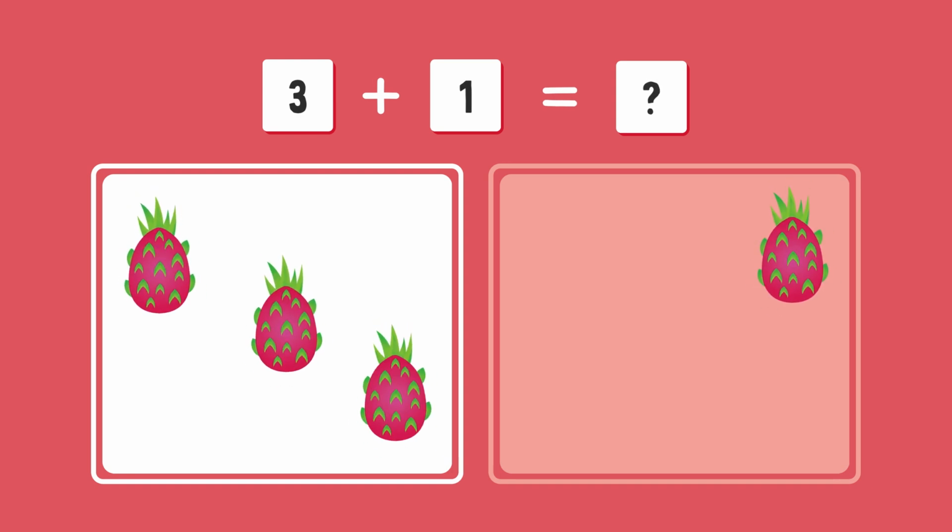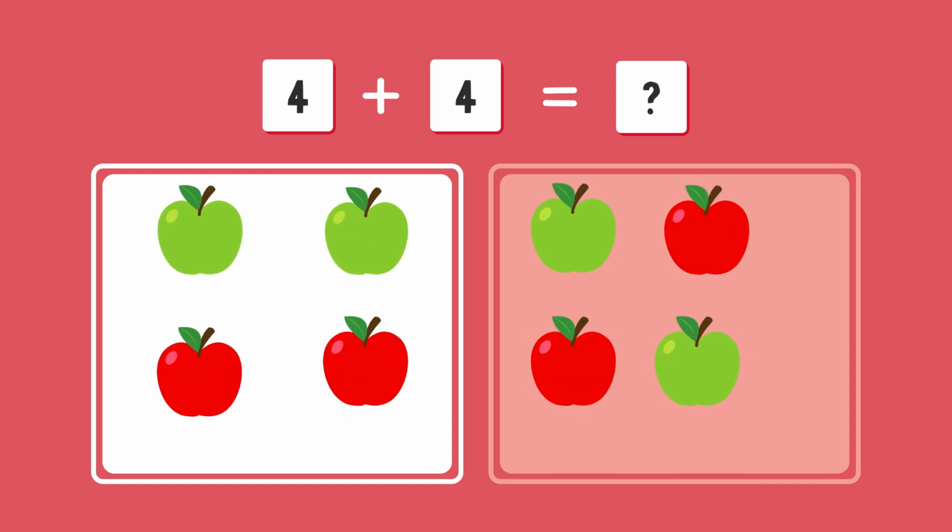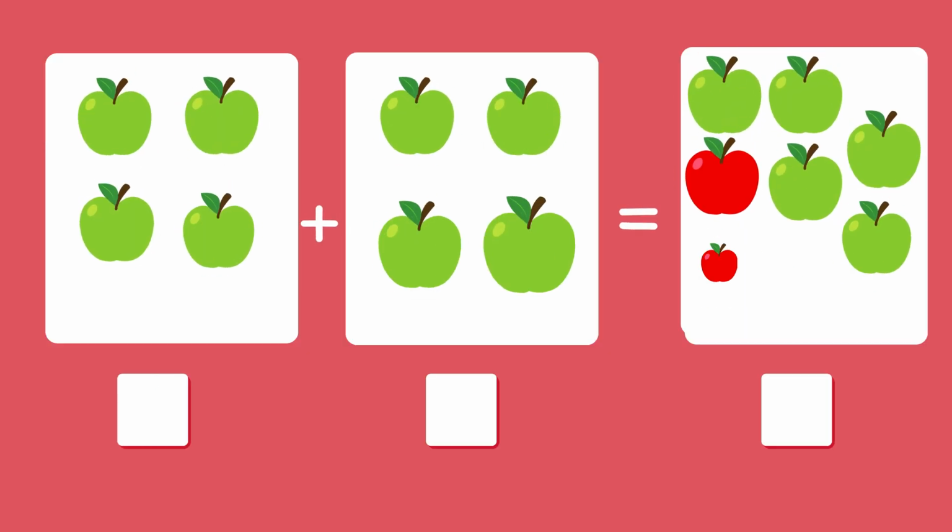What is 3 plus 1? Correct answer is 4. What is 4 plus 4? Correct answer is 8.